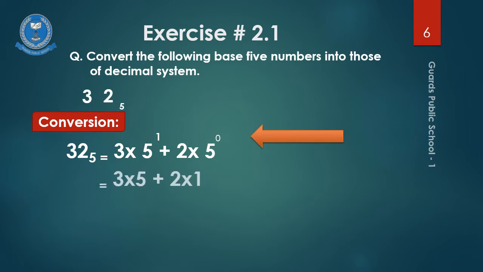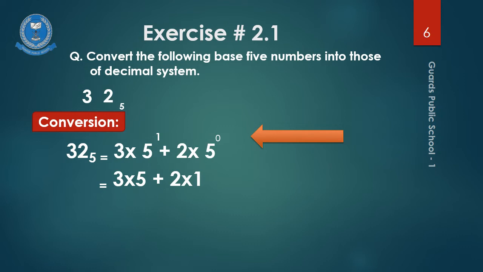So 3 multiplied by 5 raised to power 1 is equal to 5, plus 2 multiplied by 5 raised to power 0. Any number that has the power 0 is always equal to 1. That is why 5 raised to power 0 is equal to 1. And then we will multiply.